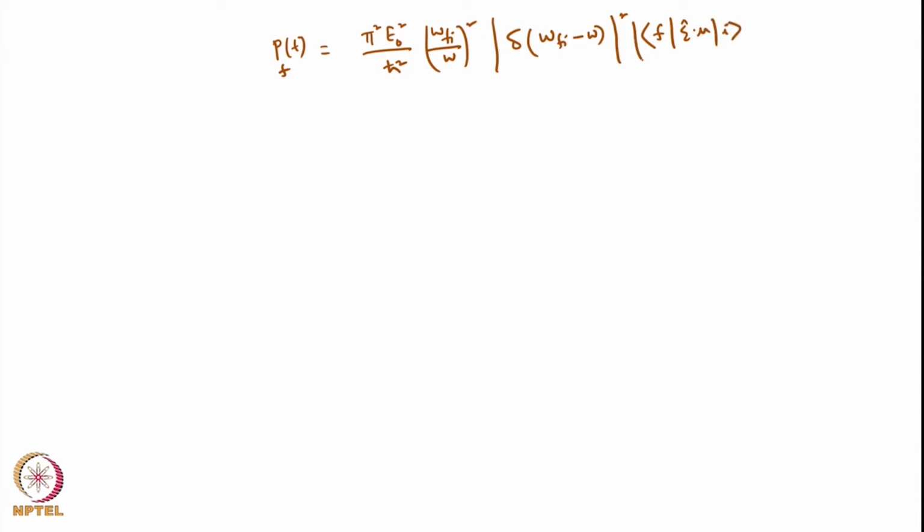Which means I can rewrite P of t of f as equal to pi square E naught square by h bar square, omega fi by omega square, delta of omega fi minus omega square, integral f epsilon dot mu I whole square.